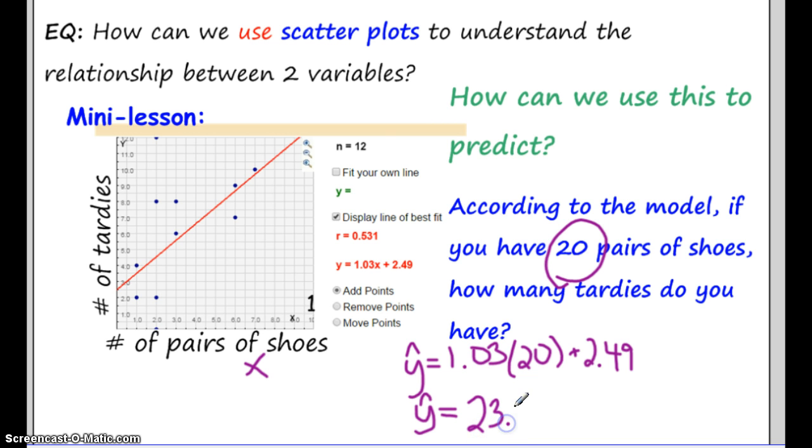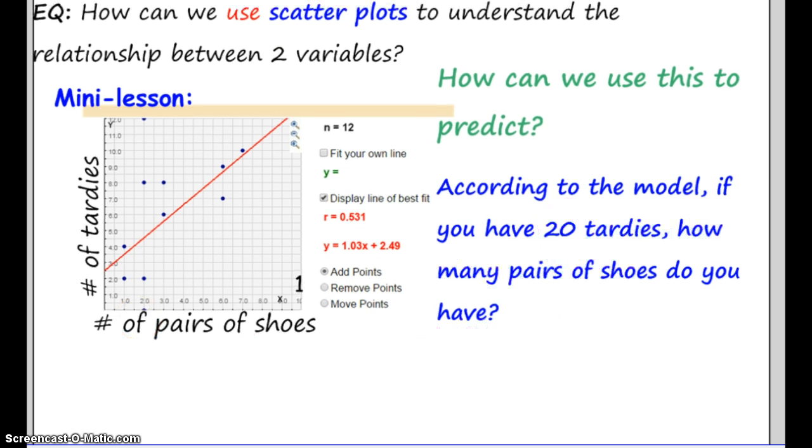Now, since we're talking about tardies here, I'm going to round that, so I can just say 23 tardies. So, in context, that means that if you have 20 pairs of shoes, you have 23 tardies according to our model. Now again, that may not make sense, but that is what our model would predict.